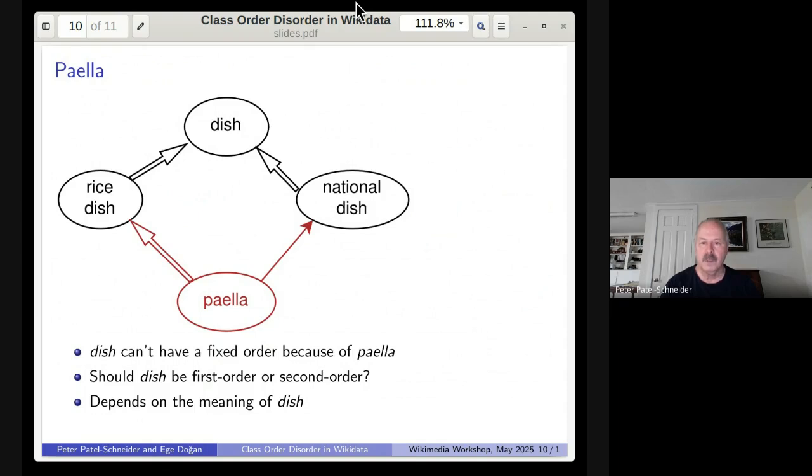For example, is dish a class of actual things we eat, and thus first order, or is it more likely the class of types of things that we eat, and thus second order? Fixes to this kind of problem generally first require determining what the meaning of the class is, and only then examining and fixing its instances and subclasses to make them match the meaning.